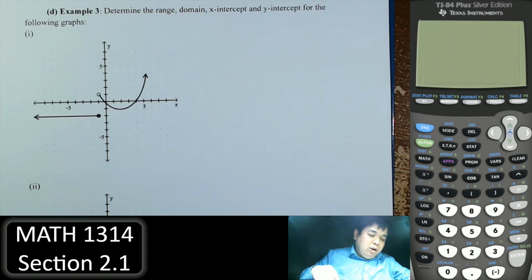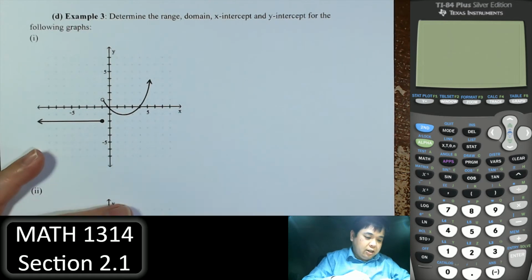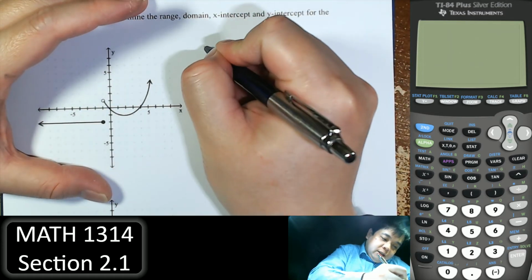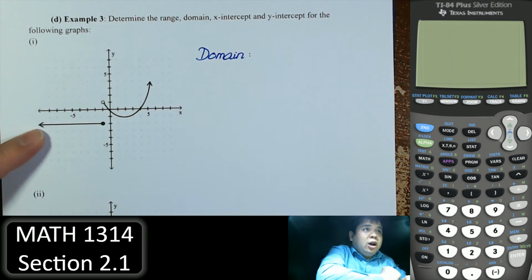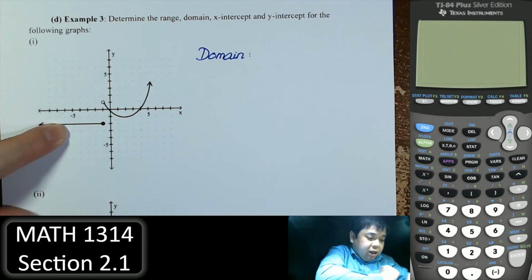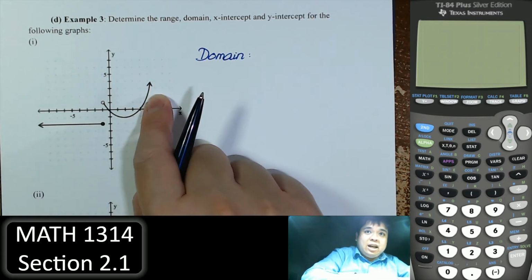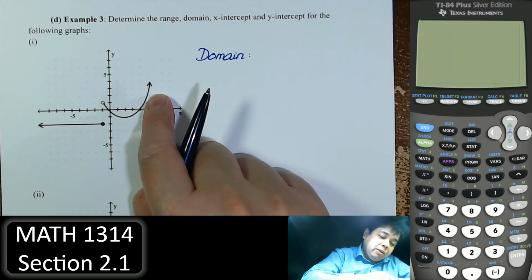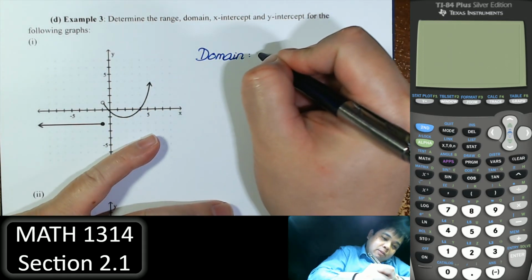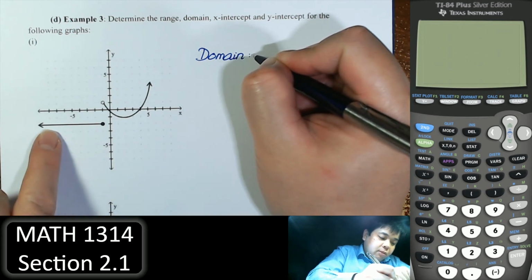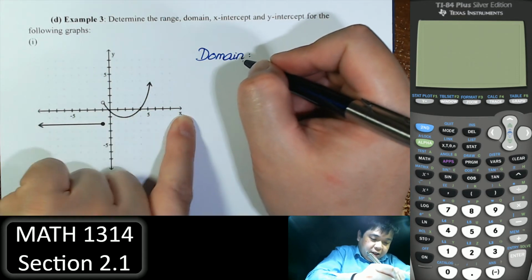Next, determine the domain, range, x-intercept, and y-intercept for this graph. So first, the domain. The domain is all the x values. You see, all the x values go from here, and then from that point just keep going on. The arrow means it extends forever.